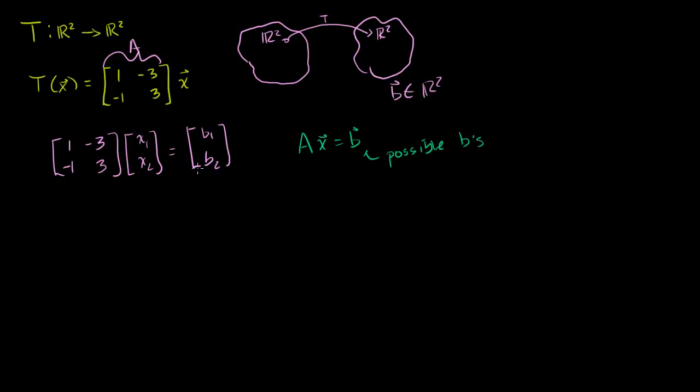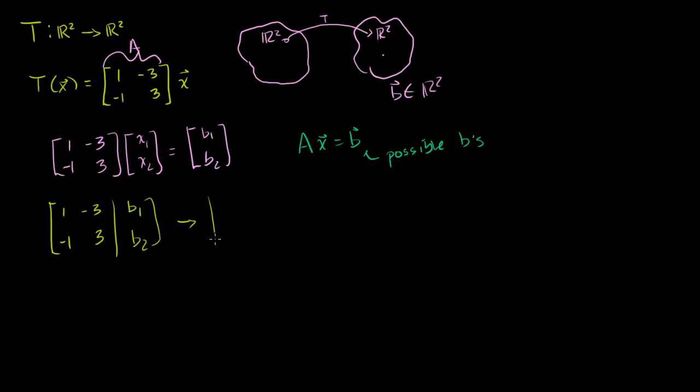So if I were to solve this equation for any particular b, what I would do is put this in reduced row echelon form. Well, first I would make an augmented matrix of it. So I would put a 1, a -3, a -1, and a 3, and I would augment it with the member of our codomain we're trying to be equal to, so b1, b2. And then I would put it in reduced row echelon form.